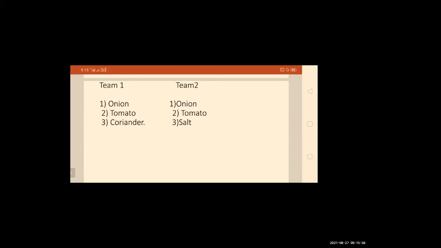Okay, let's assume that you are cutting the onion, you are cutting the tomato, coriander, everything, and you are finished with your activity. All of you have done the cutting and mixing, all things you have done. Now tell me, which team will win here? Which recipe will be the delicious recipe here? Or which will be the tasty one?